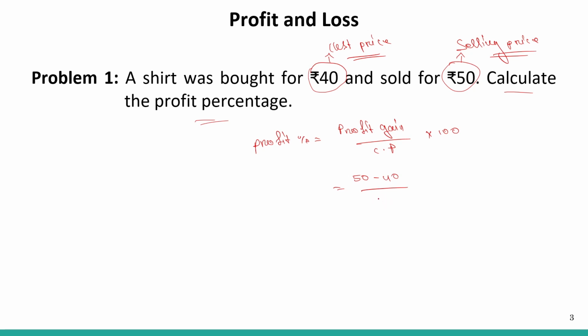CP is 40, because at that price the shopkeeper bought it. Into 100. Cancelling a 0 from here and here, we are left with 10 by 4 into 10. 100 by 4 is equal to 25%. So the profit percentage the shopkeeper got was 25%.